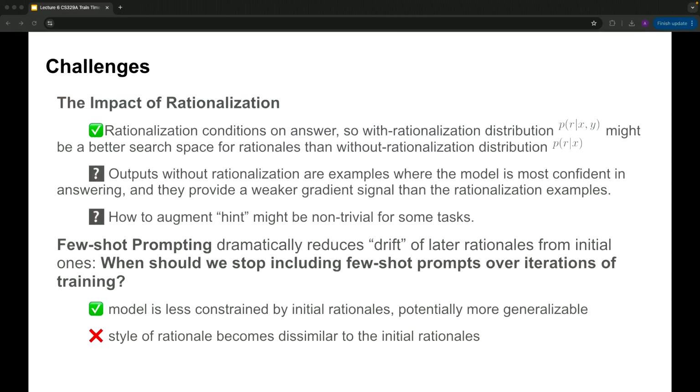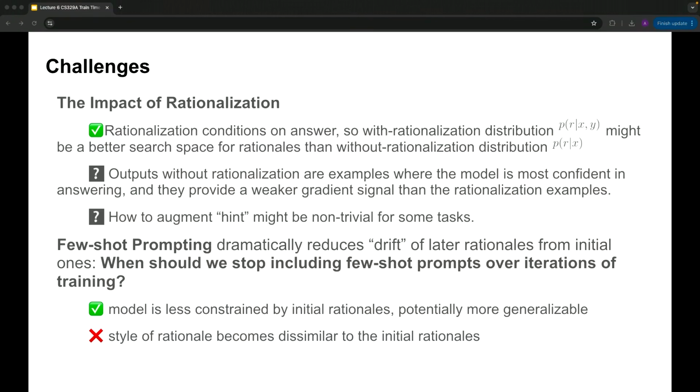Okay, some takeaways here are that the whole notion of rationalization conditions on the fact that you have an answer, and then you can figure out what rationales would be good. The outputs without rationalization are examples where the model is already quite confident, but if the model can look at the answer, then in certain cases it might do a better job producing the rationale.